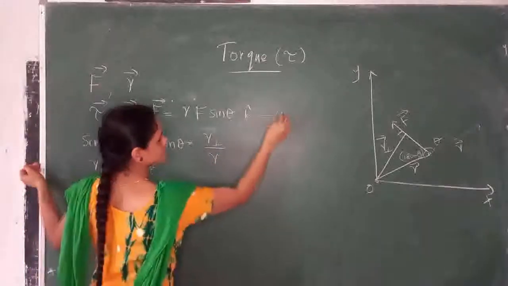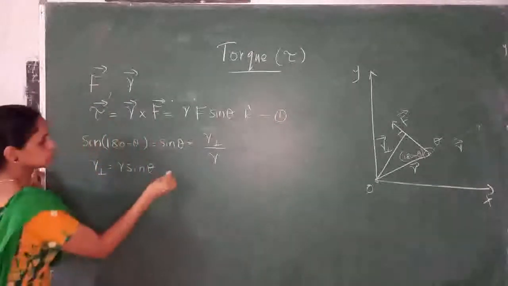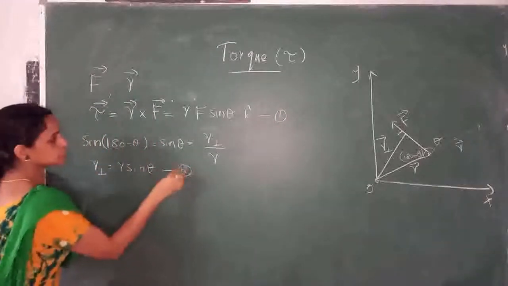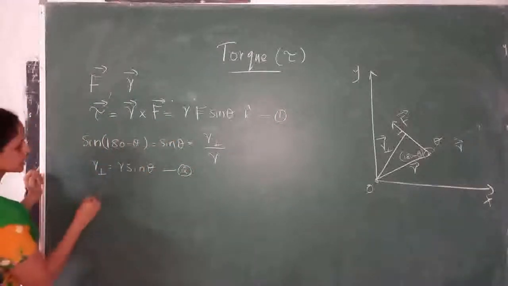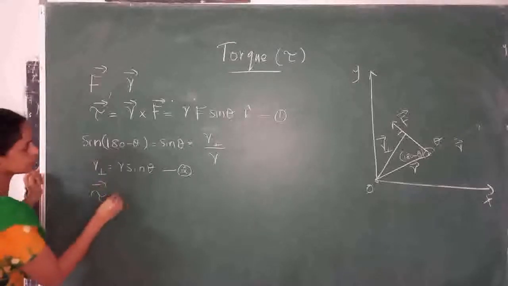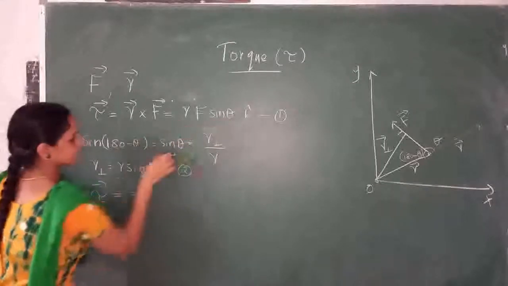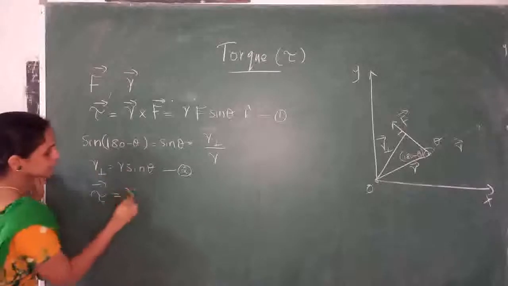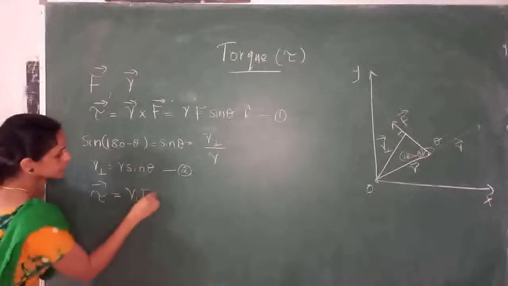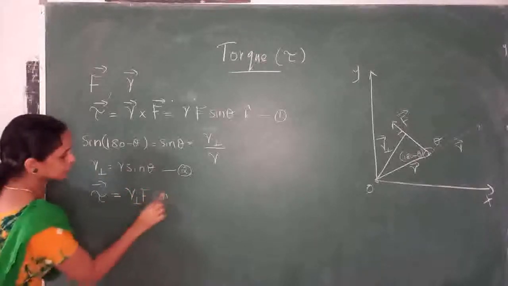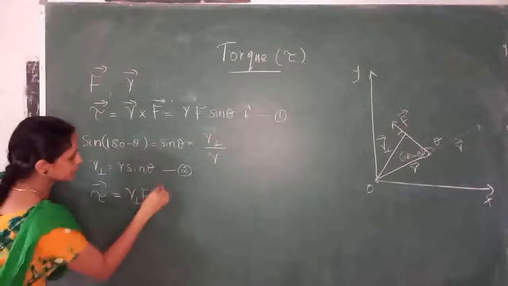So this is equation 1, and this is 2. We can substitute 2 in 1, then we will get tau is equal to R sin theta, which can be represented by R perpendicular, that is R perpendicular into F.